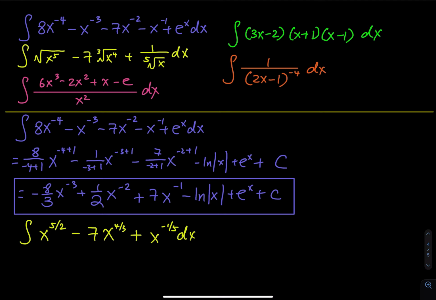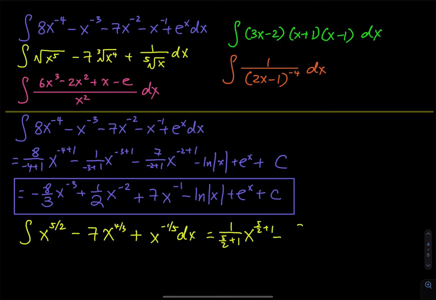So what's the next step? The next step is you will have to take the power plus 1 and then put that in the denominator. So we take the power plus 1, 5/2 plus 1, and then we put this in the denominator. Hold on, I'm trying to bring this over for my notes. 5/2 plus 1, and then 1 divided by 5/2 plus 1.